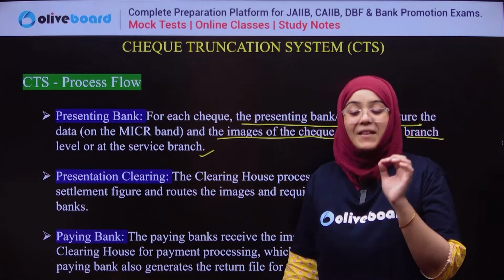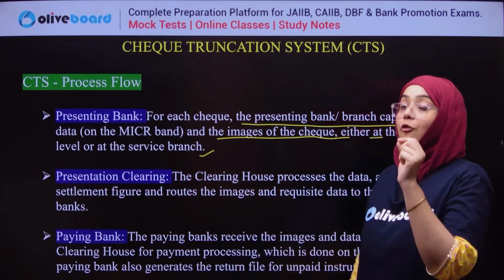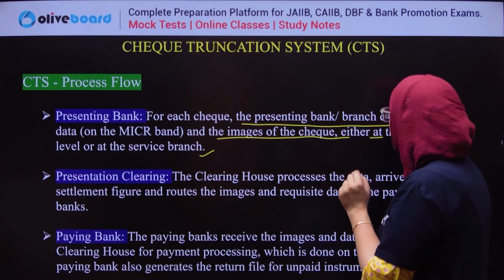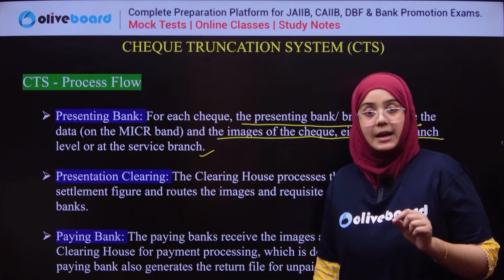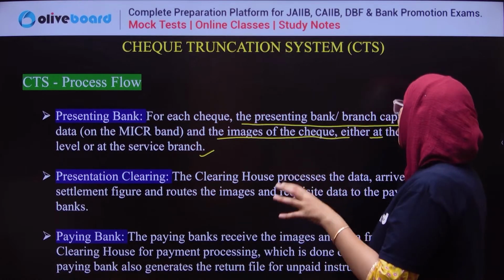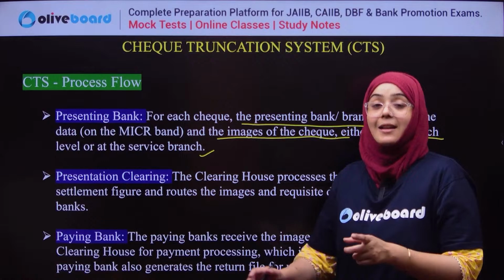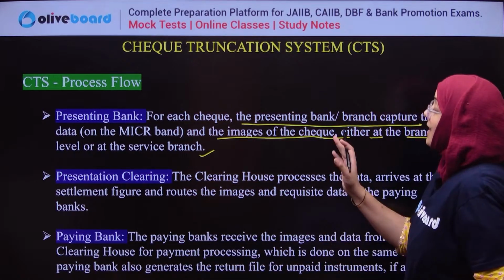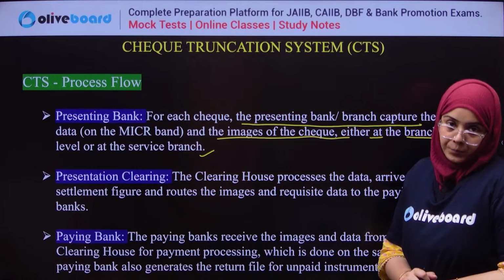First, there is a presenting branch, and for each check, the presenting bank is responsible for capturing the data, means for capturing or scanning the image of the check, either at the branch level or the service branch. Second is presentation clearing.